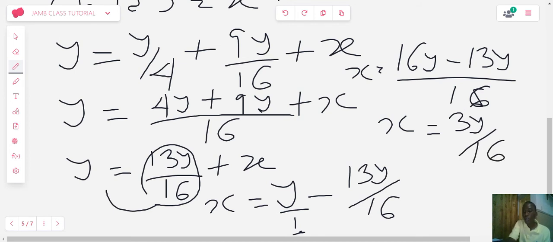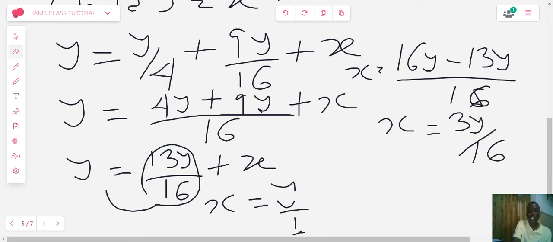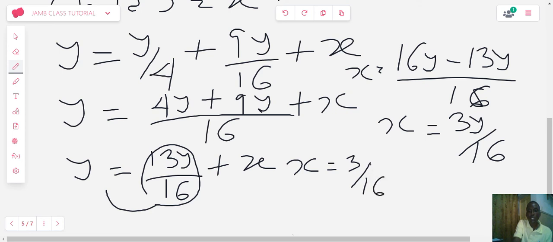So the actual value for x, child 3, which we represented with x, is going to have x equal to 3 over 16 times y mango.